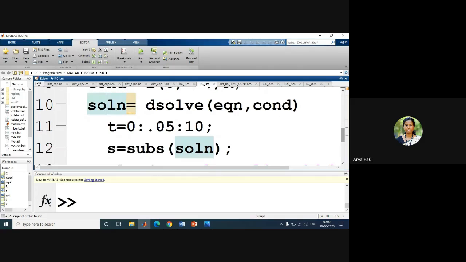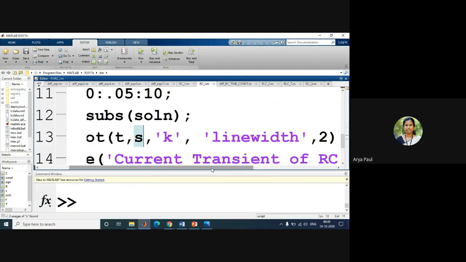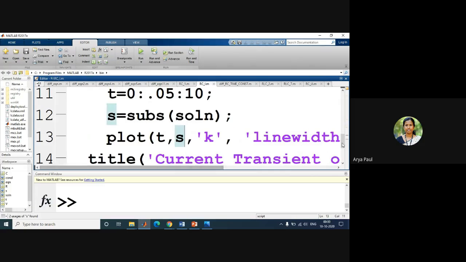Now vary the time t from 0 to 10, then use subs. Using subs, you are converting the symbolic solution into a numeric variable. Now you plot t comma S, then you change the k and line width. K means black color, and you increase the line width to 2.